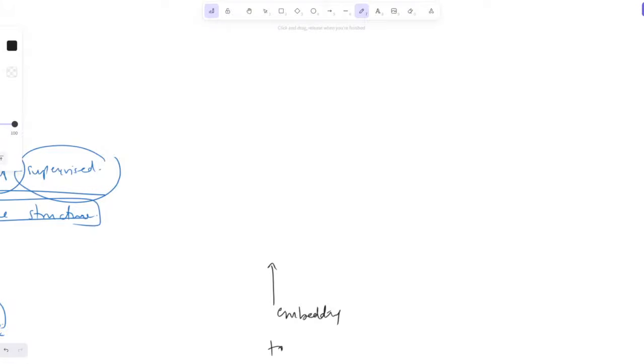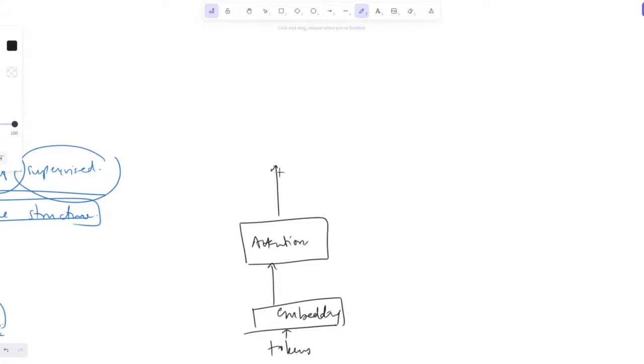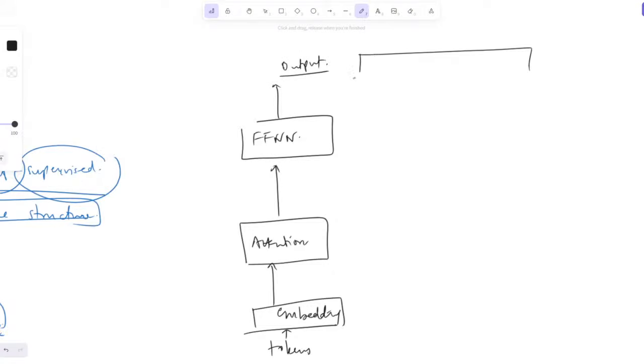Initially you have tokens, then you have the embedding, then you have attention, then you have a feed forward neural network, and then you have the output. Now your output is basically a list of probabilities for every word in the English language. When you get this output probability, you check with the actual word which should have been output.